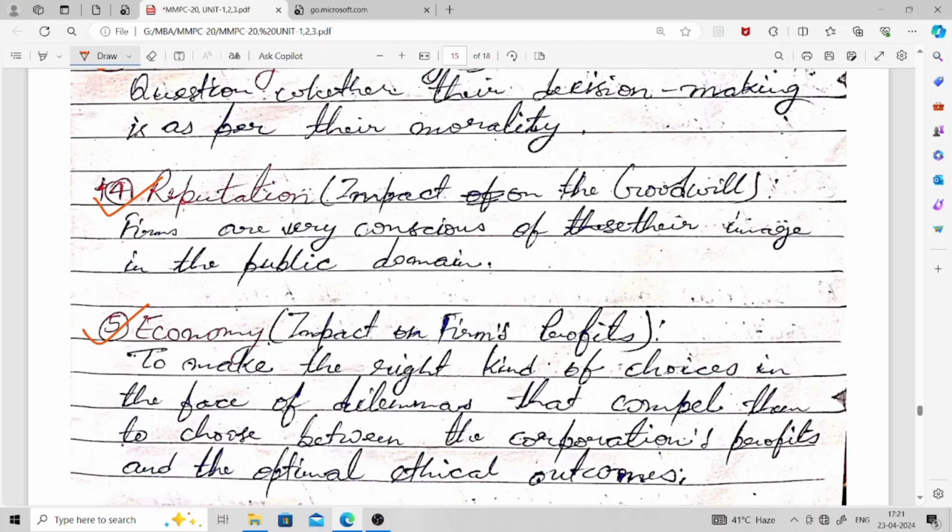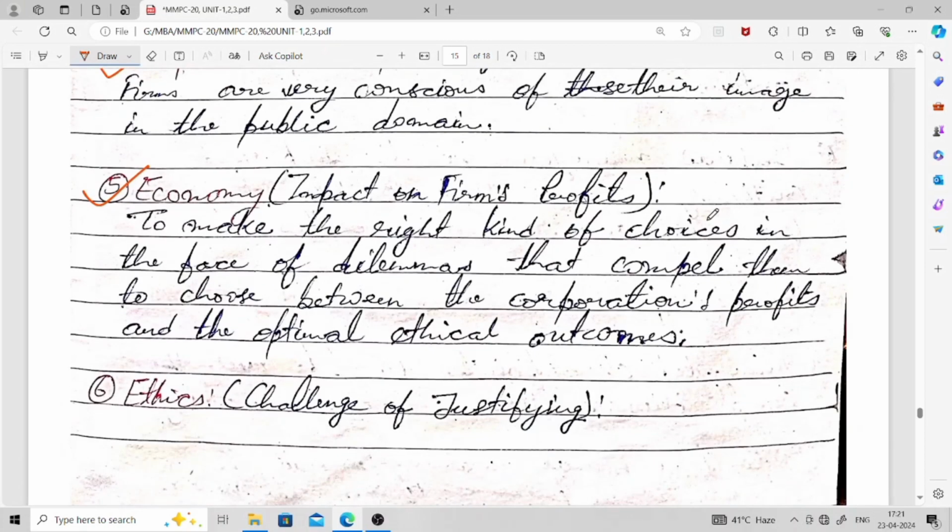If there is an ethical dilemma, the manager needs to think whether his or her action is going to affect the firm's profit or not, and the way the firm's profit is going to be affected. Managers need to consider that before making decisions in case of ethical dilemmas.